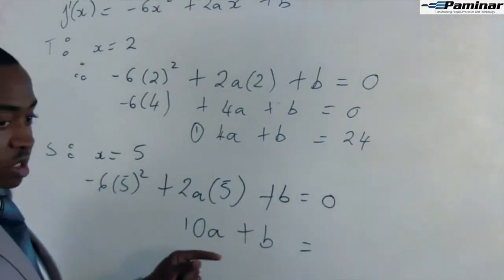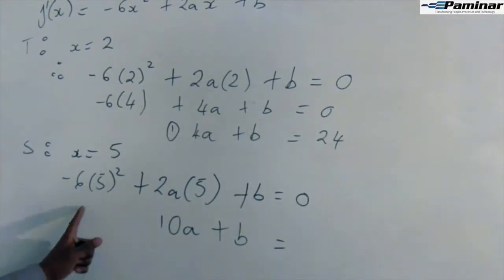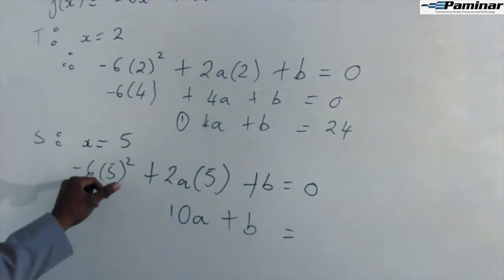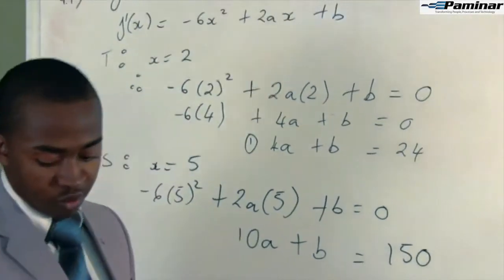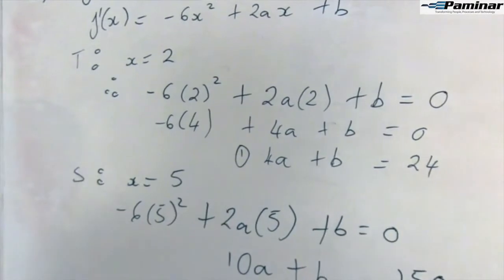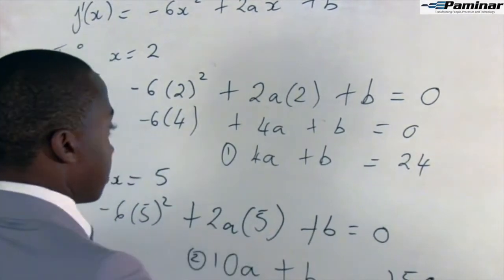The 5 squared is 25. Then 25 times 6 should be 150. Then it's negative 150, goes over, becomes positive 150.